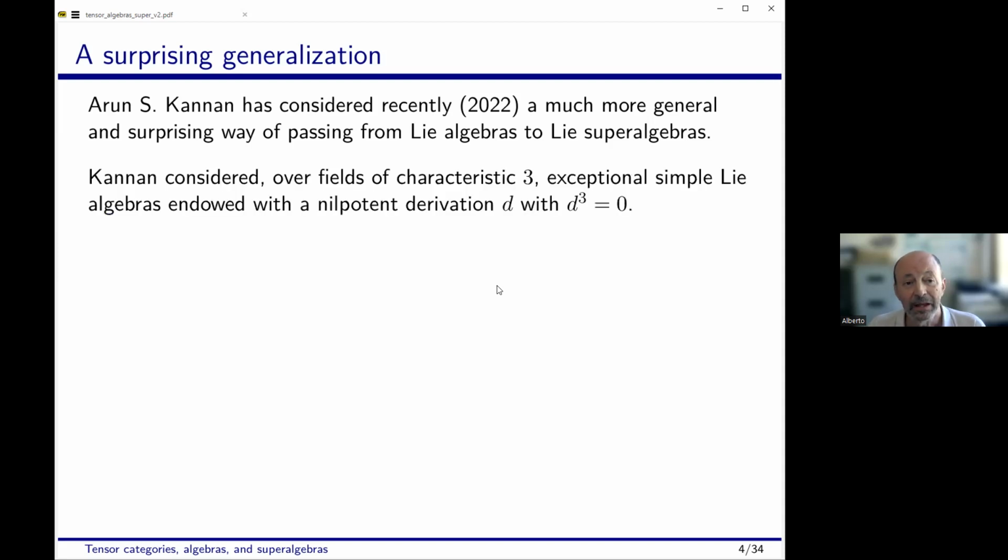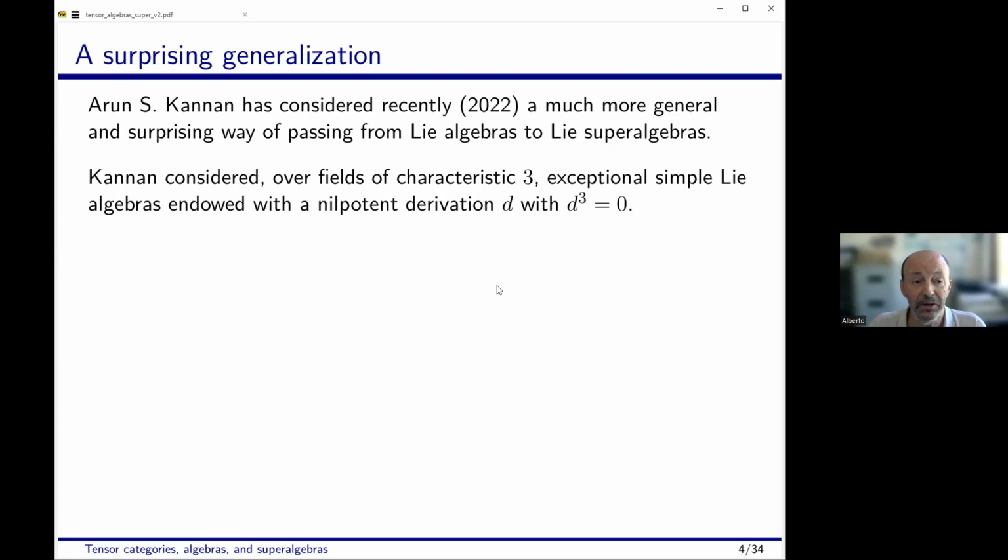And what he did, especially in characteristic 3, was he considered the exceptional simple Lie algebras, E6, E7, E8, F4. G2 doesn't work well in this case, but all the others do, and consider specific nilpotent derivations of degree 3. Okay.